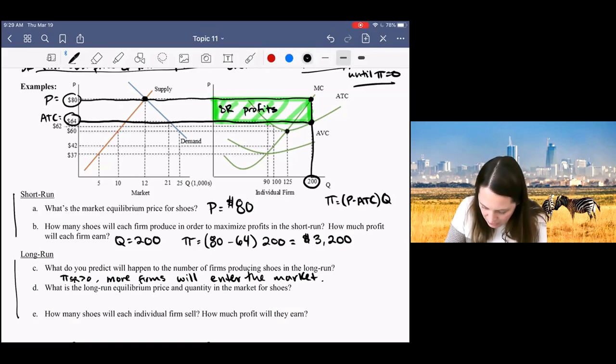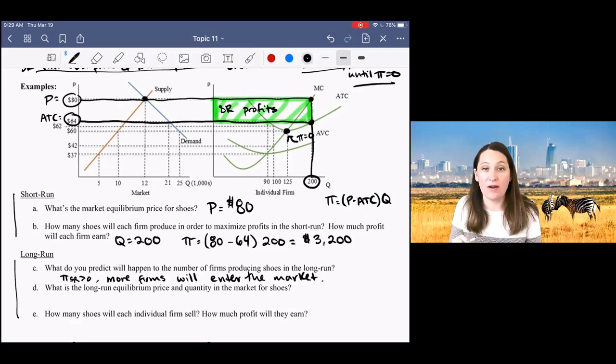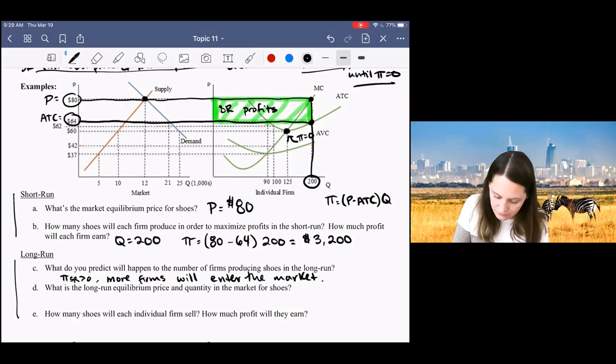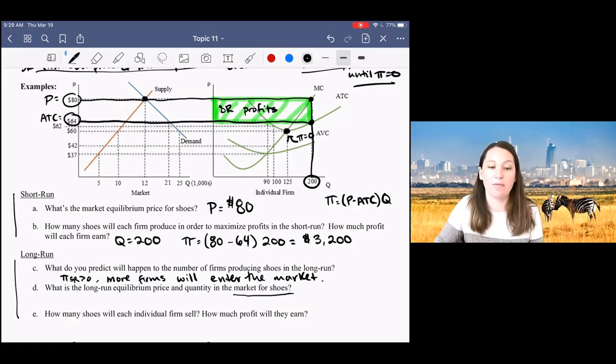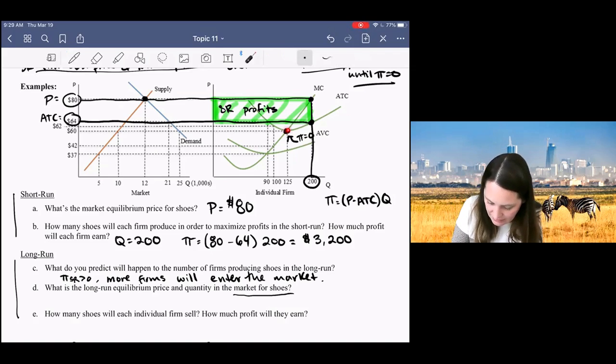So this point here, profits equal zero, that's our long run competitive equilibrium. But we are not asking here about the individual firm. We're asking about what is the equilibrium quantity and price in the market. I know this point gives me my long run competitive equilibrium where profits are equal to 0.